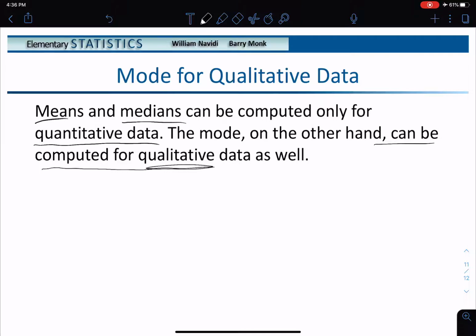So if you had qualitative data, like I'm looking at 100 cars and I'm categorizing them by colors, well, you might have, I don't know, like 45 white cars, and so that would be the mode, because white cars has the highest frequency. Okay.